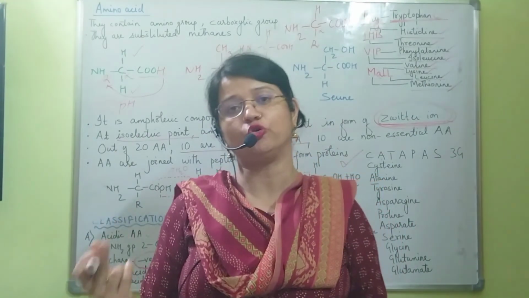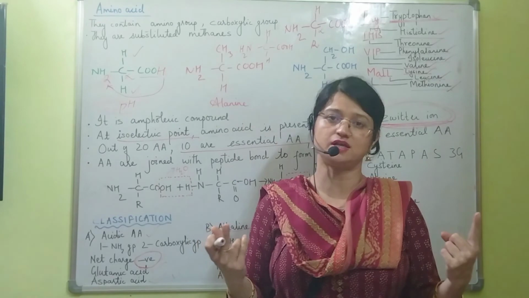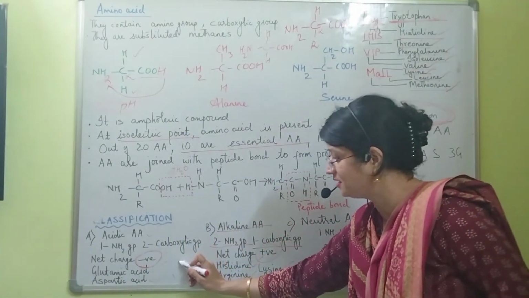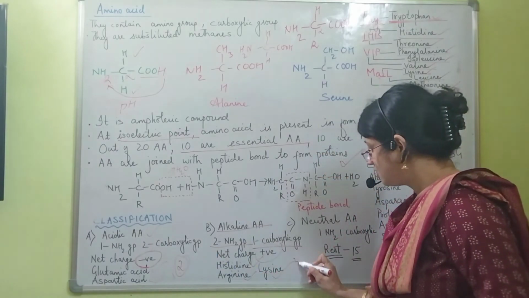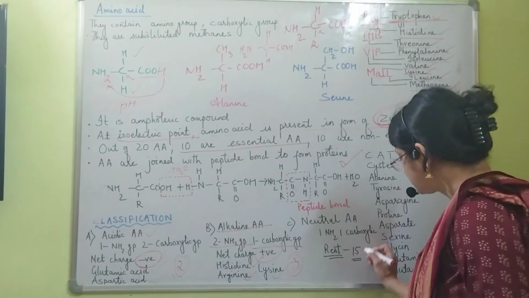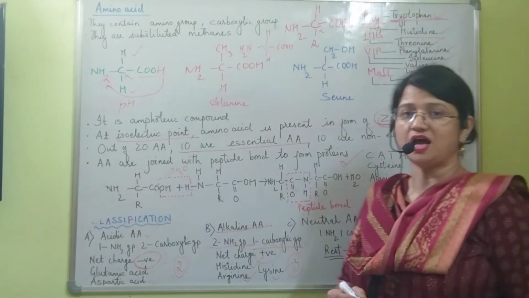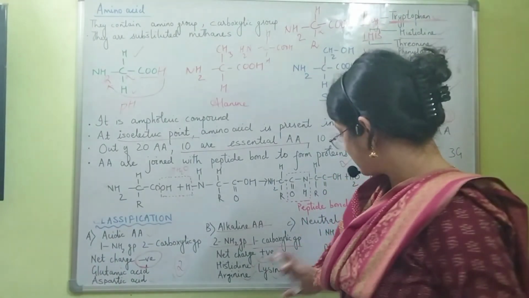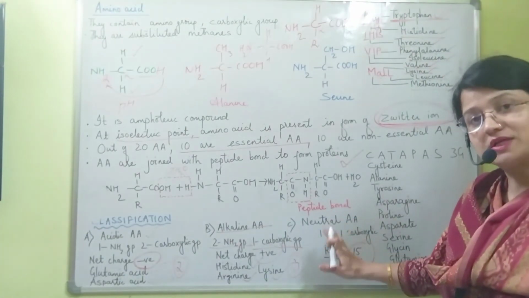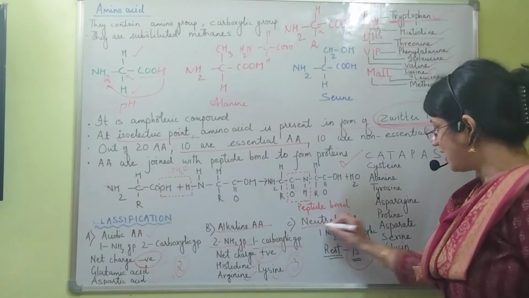And the third one is the neutral amino acid. Here we will have only one amino group and one carboxylic group. And out of the 20, we have seen 2 acidic and 3 alkaline. So out of 20, 5 have gone, so we will have the rest 15 as neutral amino acids. These amino acids do not move in an electric field and they are in the form of Zwitter ion, these neutral amino acids.